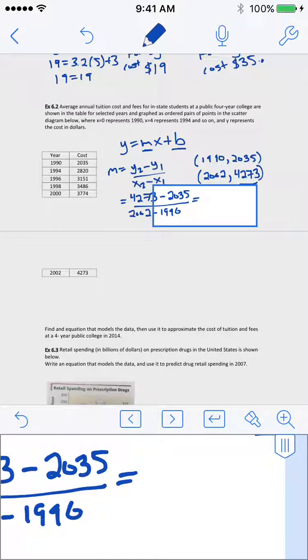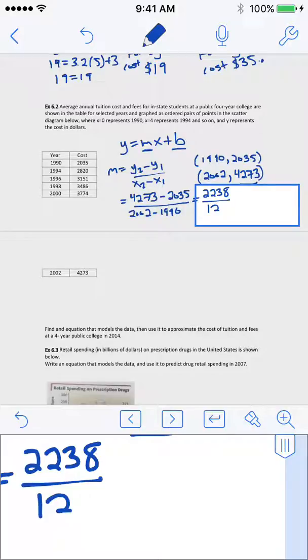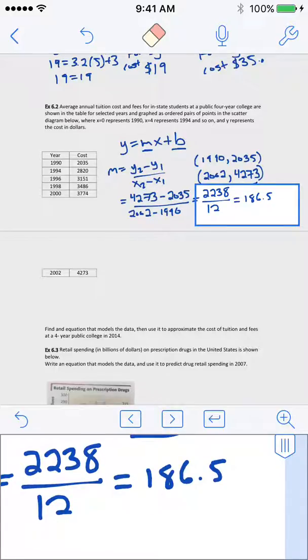And when we compute that out, we get the top of 2238 over 12, or an average of about 186.5. Now, before we move on, this number represents the slope. Yes, we just found m, right? And that's great. But what does it mean in the context of the problem? What does this mean? 186.5.